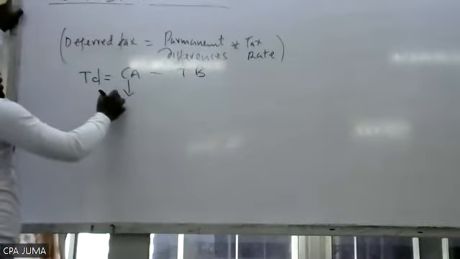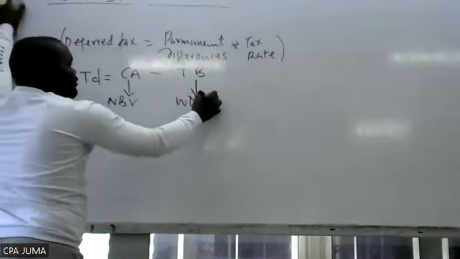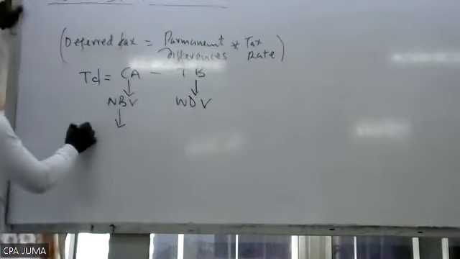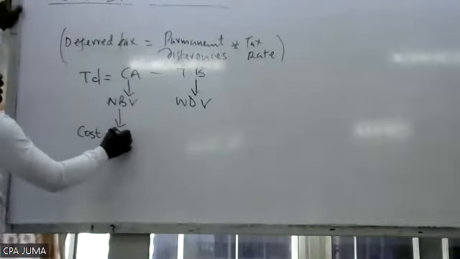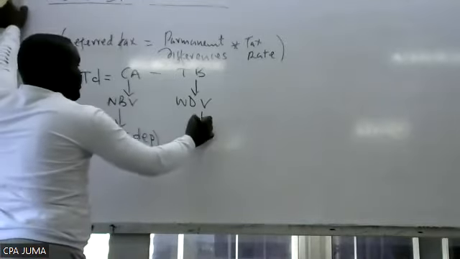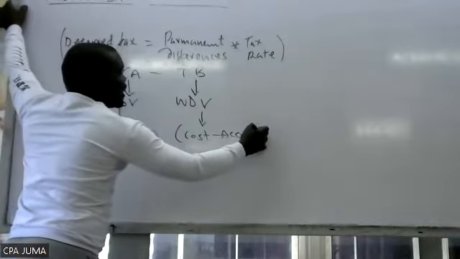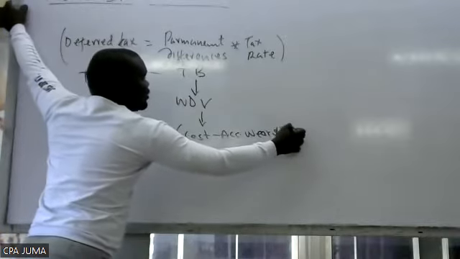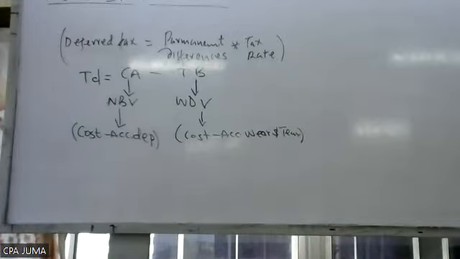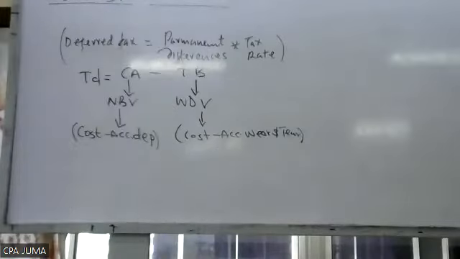Carrying amount is the net book value. Tax base is the written down value. Net book value is the cost minus accumulated what? Depreciation. Written down value is the cost minus what? Accumulated wear and tear or capital allowances. So in the questions, we'll highly be focusing on that.